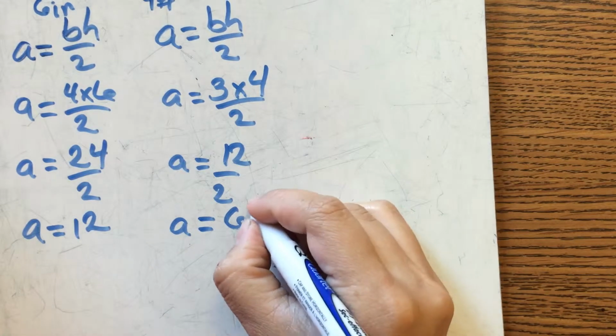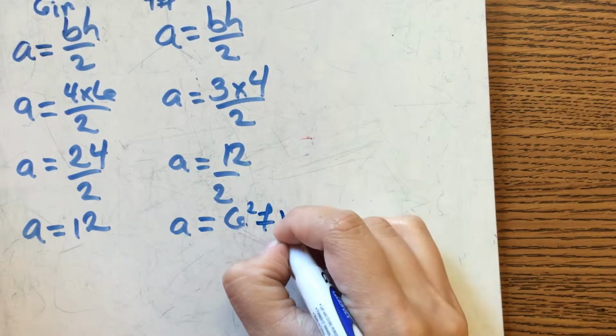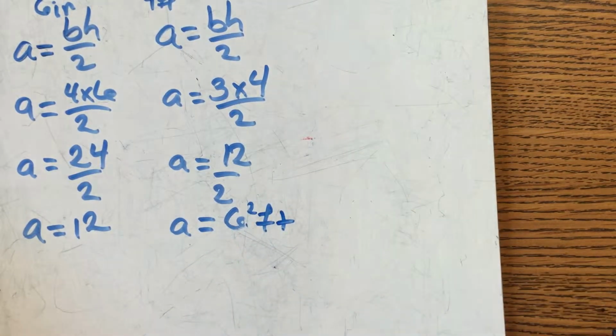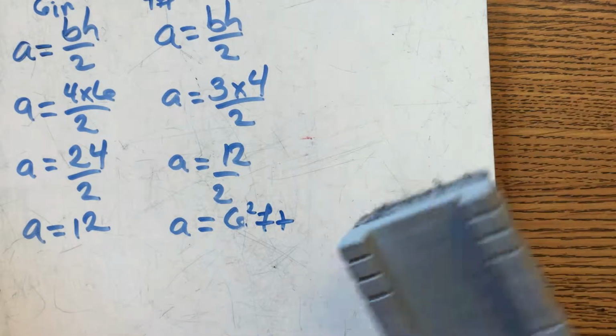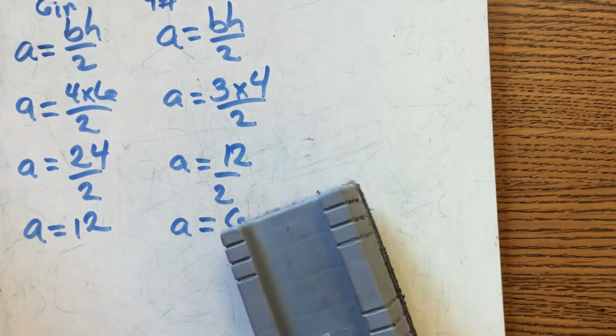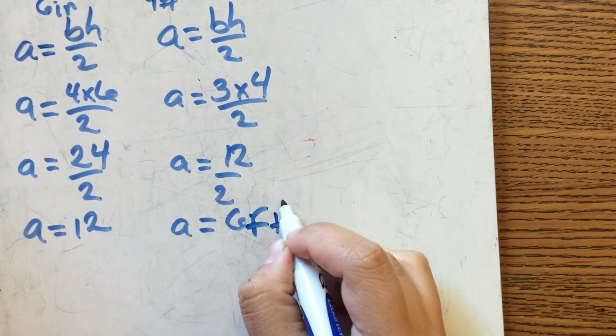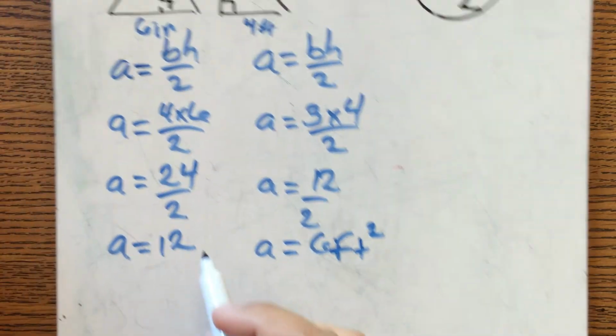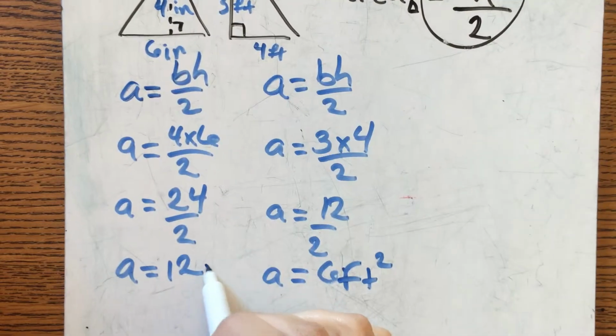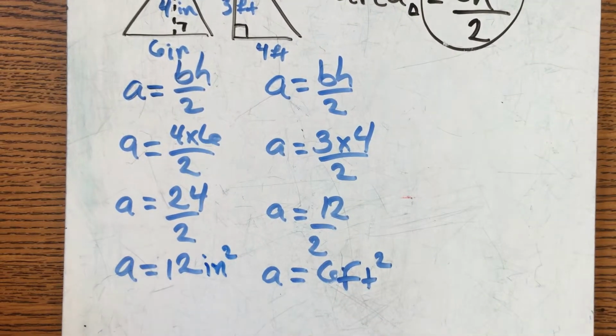If you put your answer with the 2, the exponent 2, in the wrong spot, I would have marked that wrong. The only acceptable answer on the test would have been square feet. And for this one, inches, square inches.